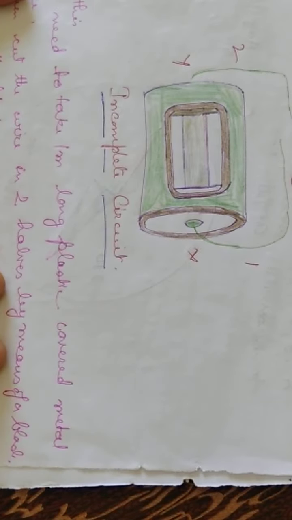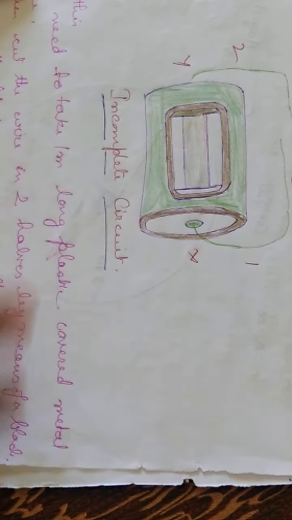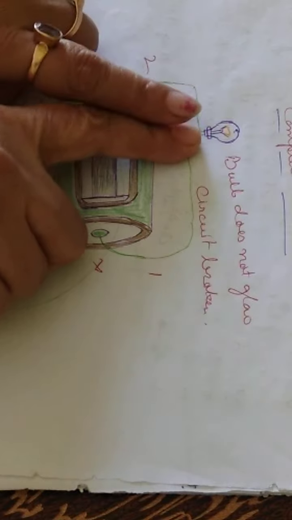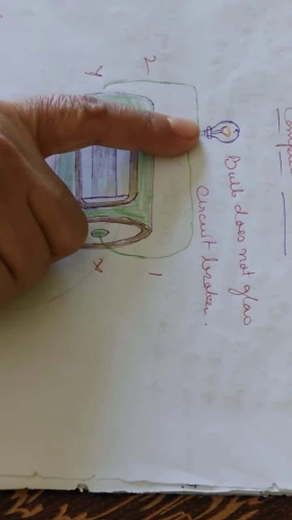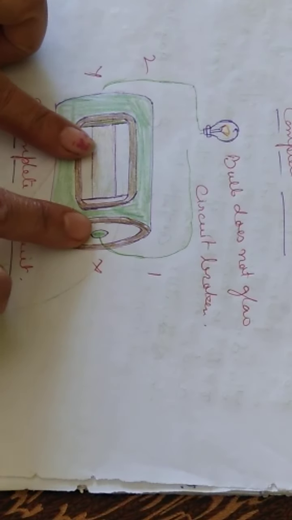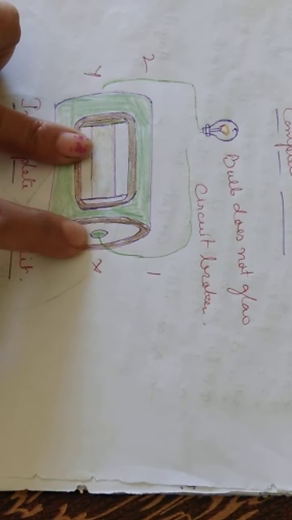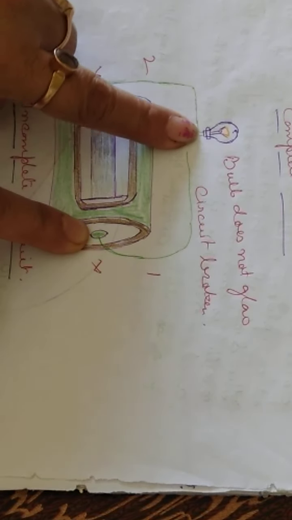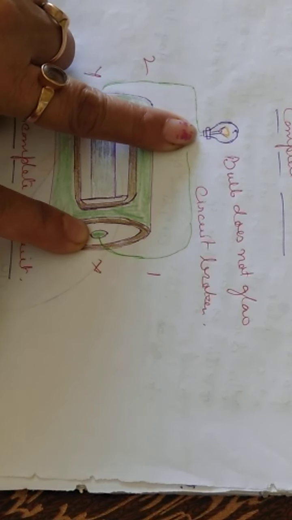Now in the second case, if we break this one wire, which we are not joining with the bulb, one end of the wire is connected to the X terminal, but the other end with the bulb has been broken.